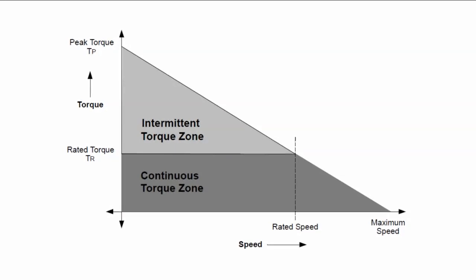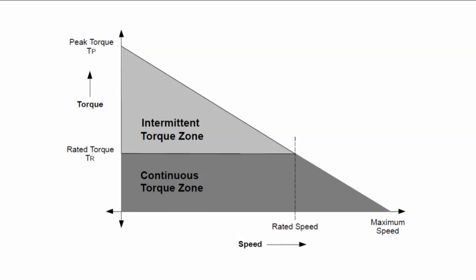There are two parameters used to define a BLDC motor. One of them is peak torque, one of them is rated torque. During continuous operation, the motor can be loaded up to rated torque.